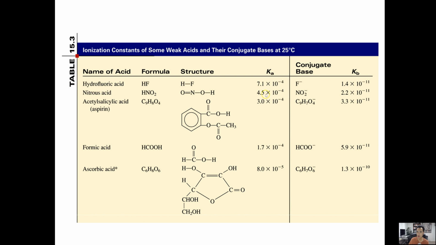Nitric acid, which you already know, is a weak acid as well, and again your Kb value is going to be 2.2, so the amount gets reduced as well. Aspirin is also a weak acid, and you can see what happens with the Kb. The Kb values for the conjugates are also very small. That's something to really consider as we move forward.